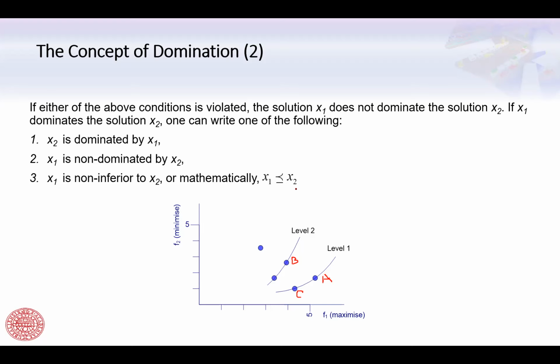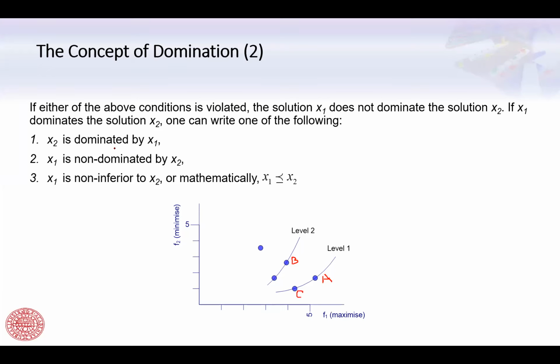And this gives us the term called non-domination. That's what we mean by x1 is non-dominated by x2. You can have multiple terms to talk about it. So when we compare these two, x1 does not dominate the solution x2, and we can write it down in these multiple expressions.